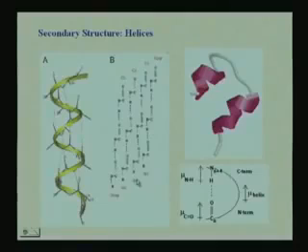This hydrogen bonding pattern is going to impart what? It is going to impart a polarity to the helix. And because of this polarity, we have all the O's pointing in the same direction. We have a dipole associated with that, and we have the helix dipole in that direction.